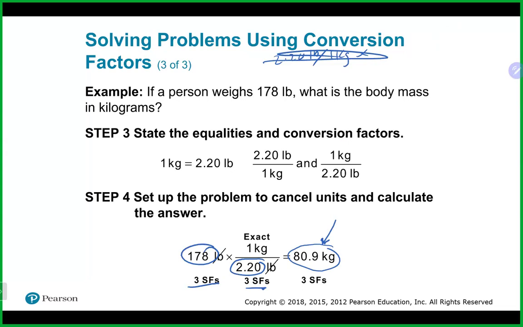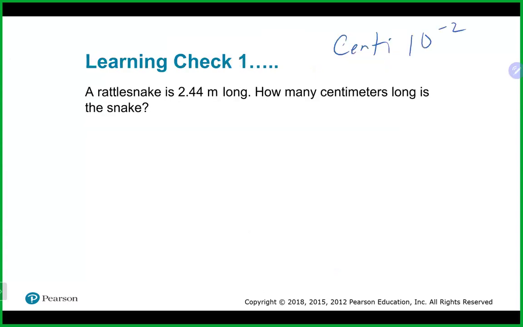Within a metric to English conversion like that, a lot of times you'll have the number 1 as one of the numbers, and that's considered exact. The other part of that conversion factor is usually the number you want to look at in terms of significant figures. Not the same case in the case of 12 inches is 1 foot, they're both considered exact numbers, so you don't have to worry about either of those.